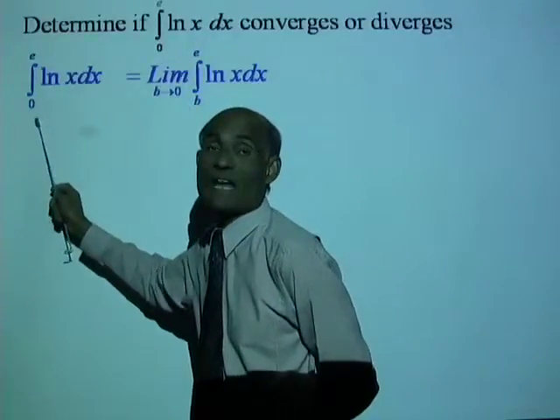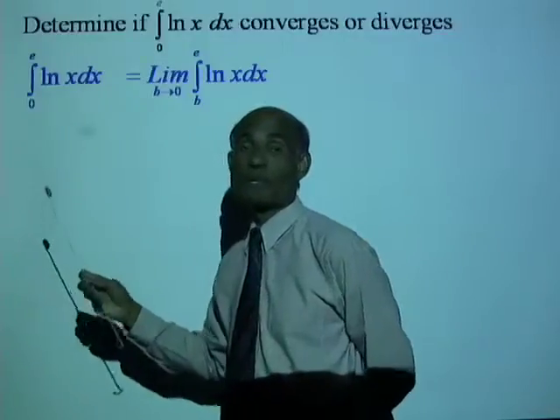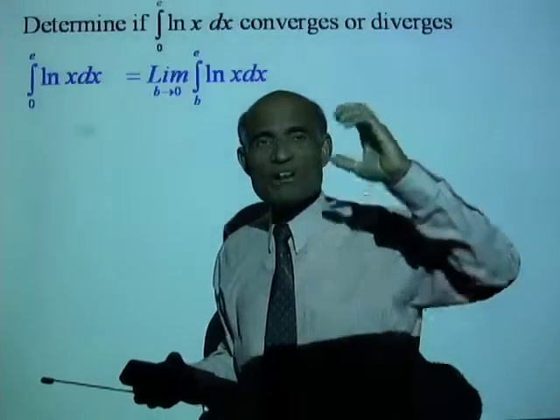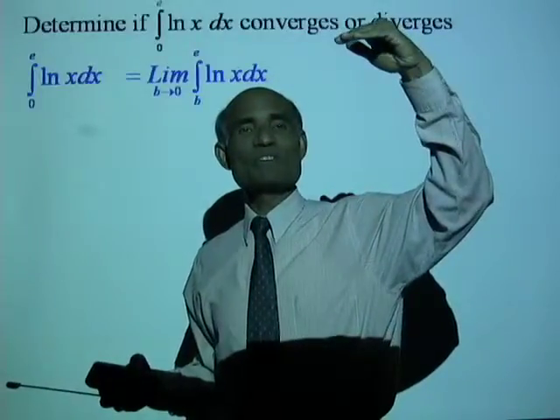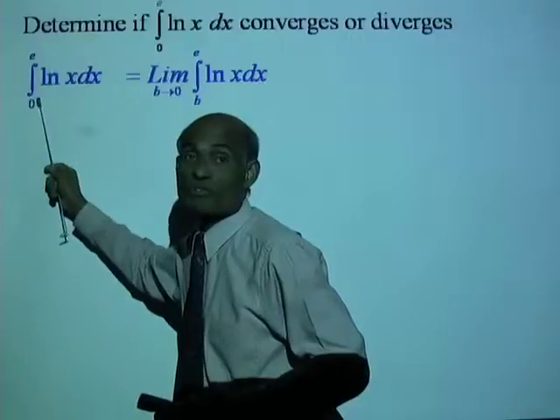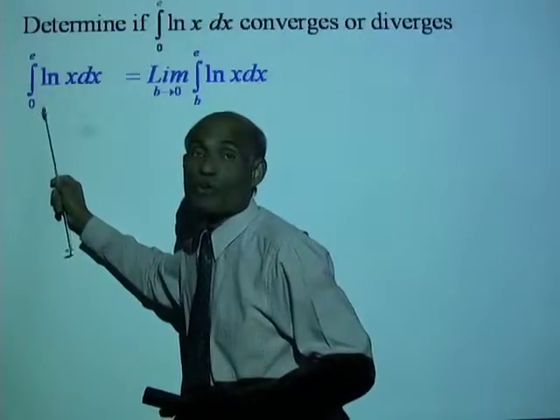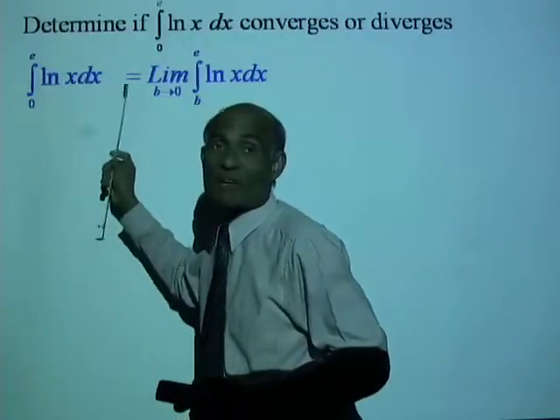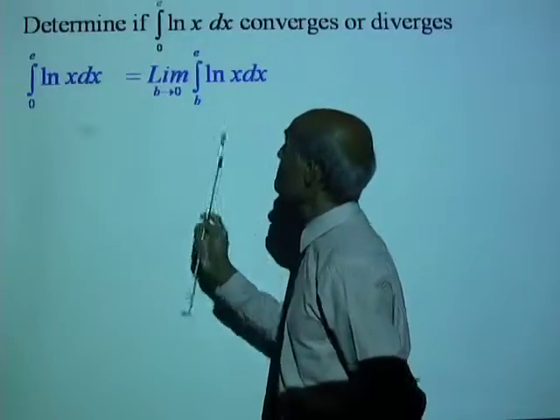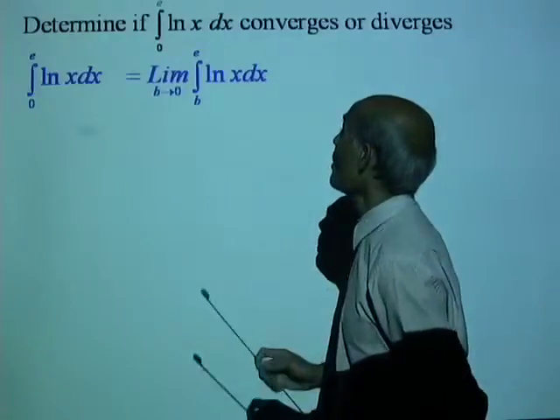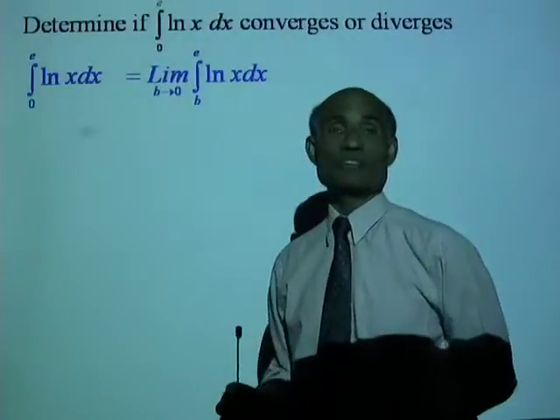I hope you understand how we take the limit. The limit is taken wherever either the function is not defined or there is an infinity for the limit. Here, at x equal to 0, the function is undefined. So we take the limit when b approaches that value. So this will be limit b approaches 0, integral b to e of ln x dx.